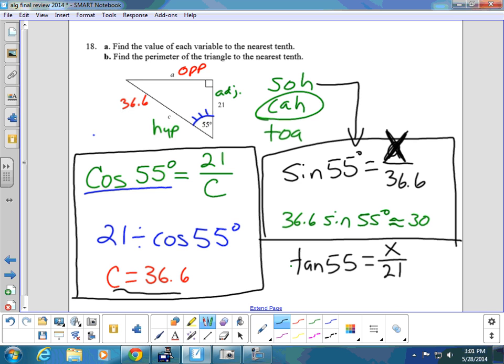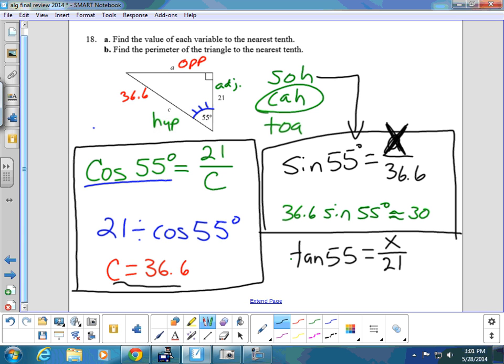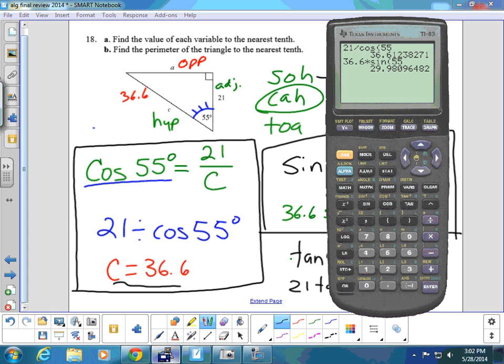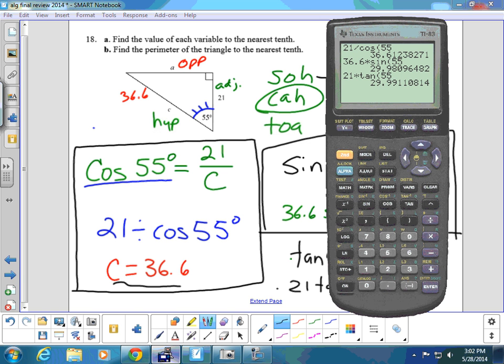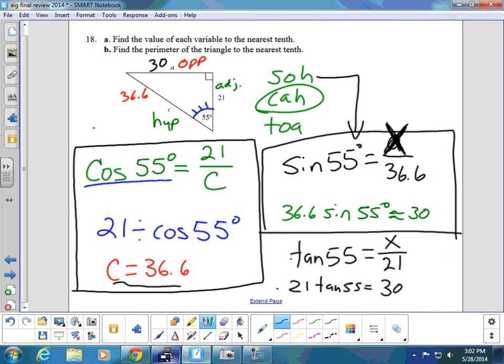If I do that on my calculator, 21 times the tan of 55, I get around the same answer, which is approximately 30. It says to the nearest tenth. That one did round to 30, and the previous one rounded to 30 also. So either way you do that, you get 30 for this answer here.